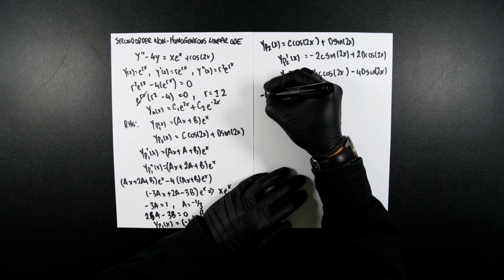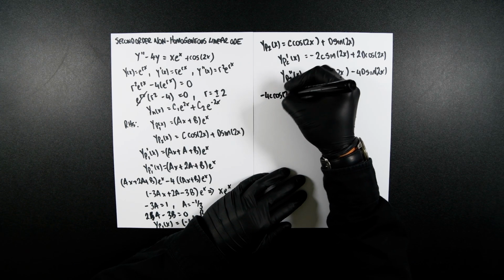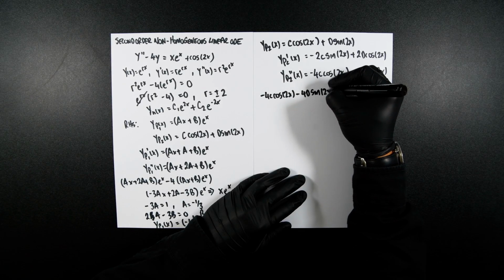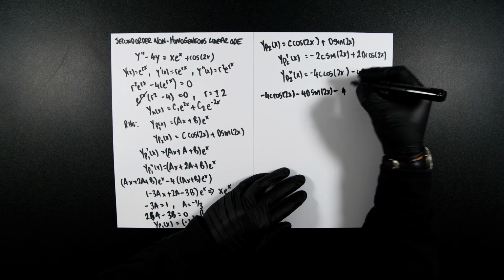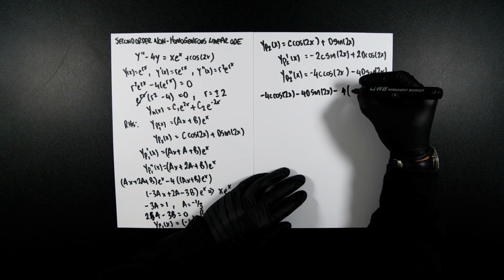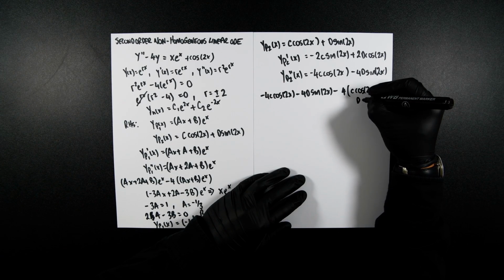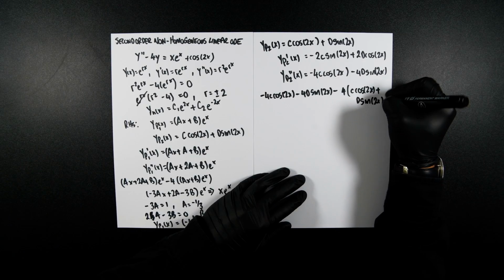So you're going to get minus 4c cos 2x minus 4d sine 2x minus 4 times (c cos 2x plus d sine 2x).